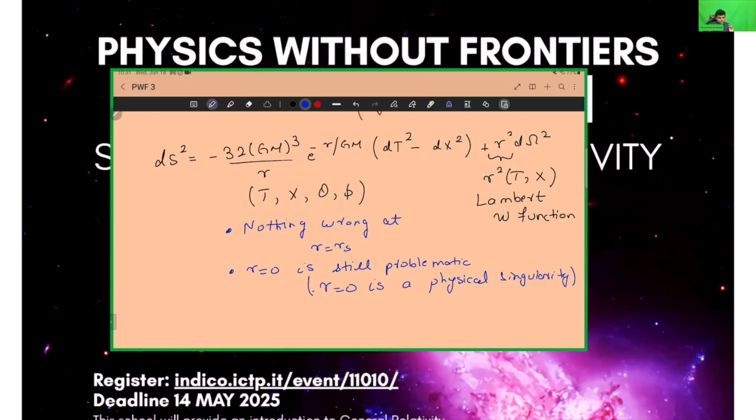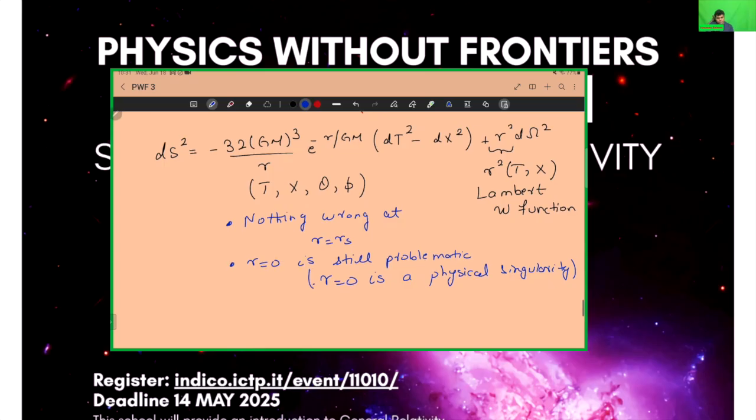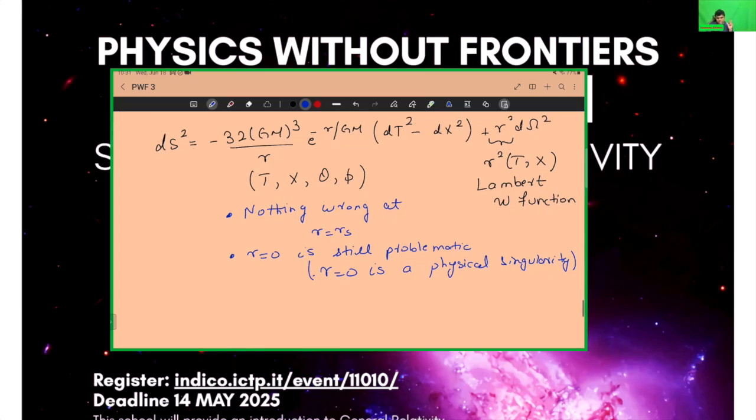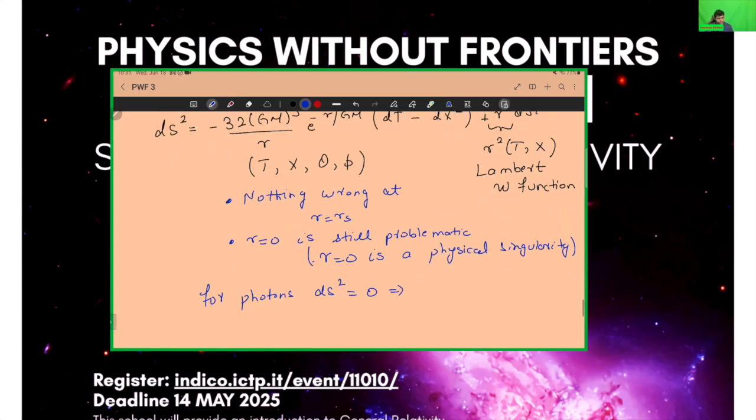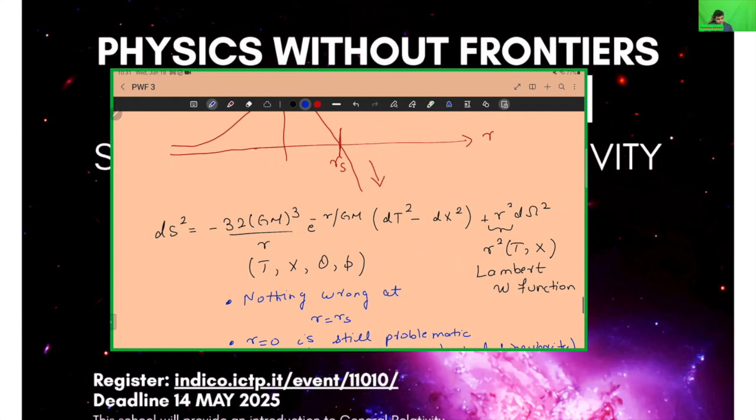And there was one more thing, which is the shape of the light cones, right? So for photons, we do know that the line element is 0. And if photons move only in the radial direction, which means that this part is 0, this thing has to be 0 for photons. And this thing can be 0 for photons only if this is 0.